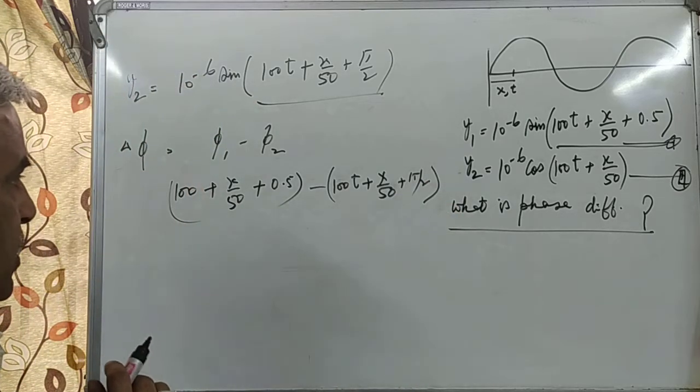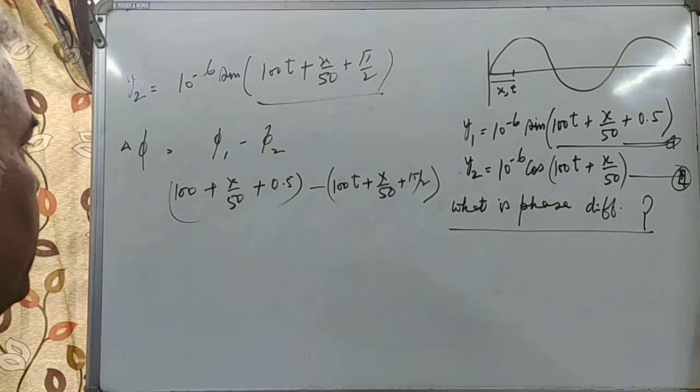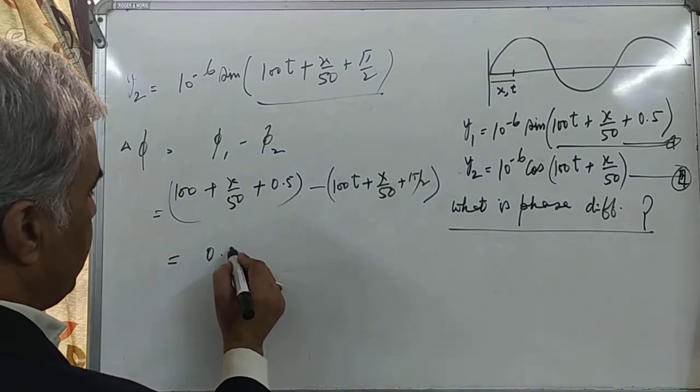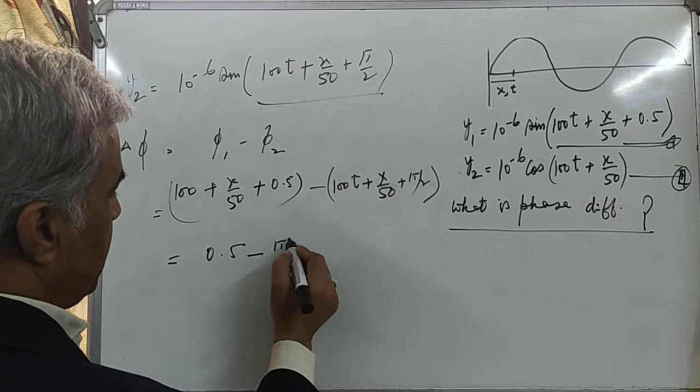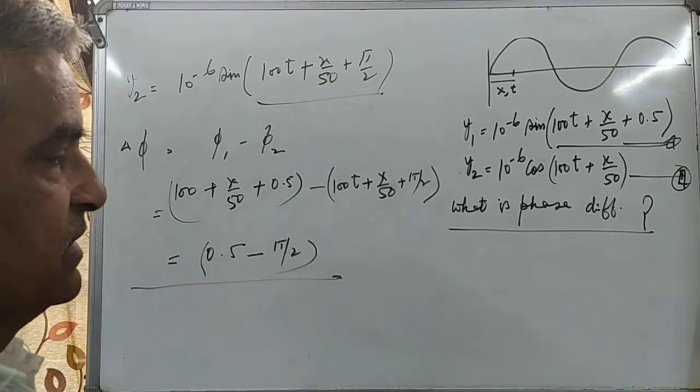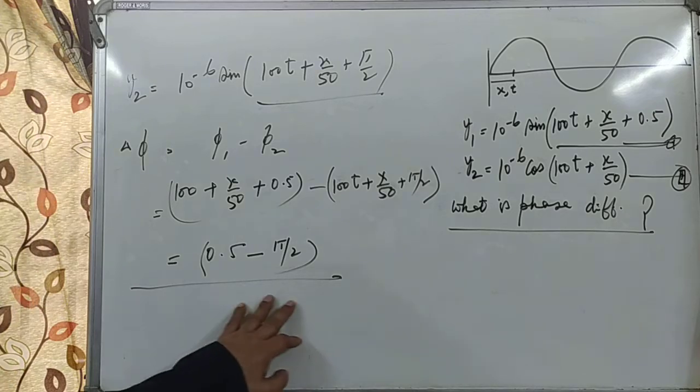So in this you will write further 0.5 minus pi/2. This is the answer. This is the phase difference.